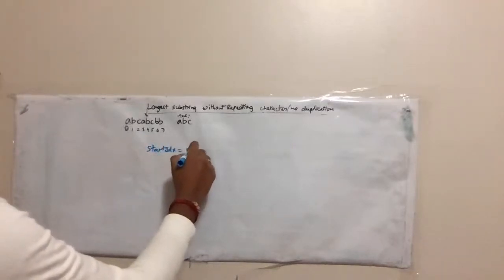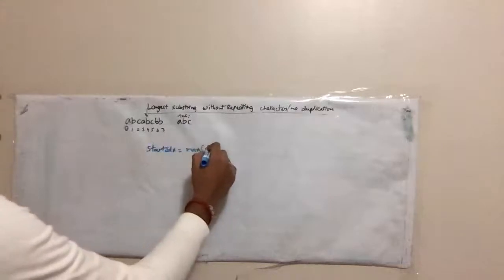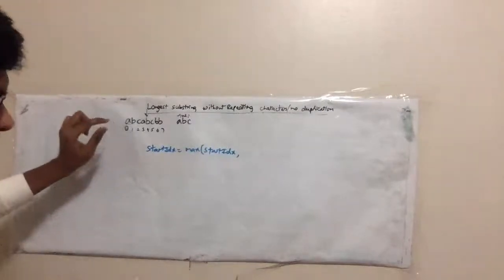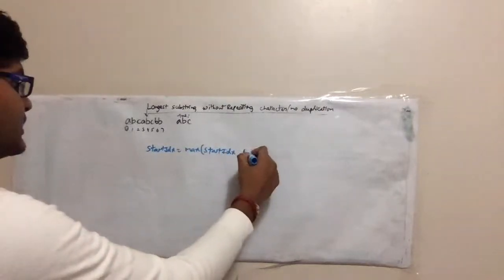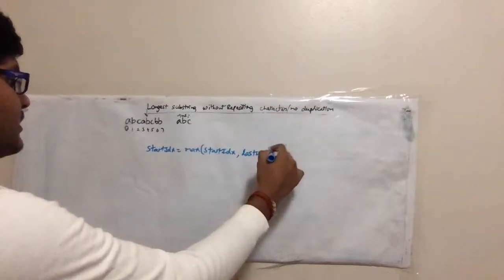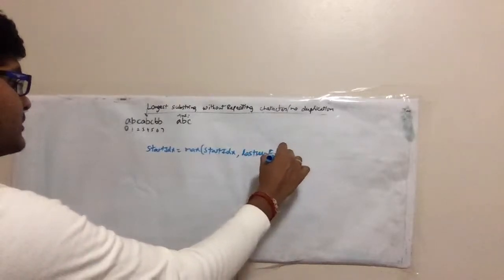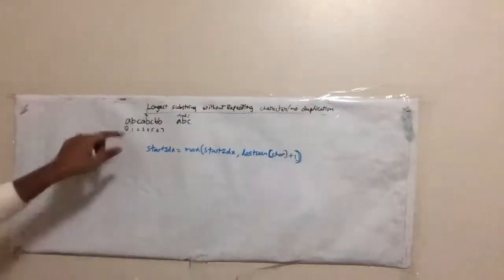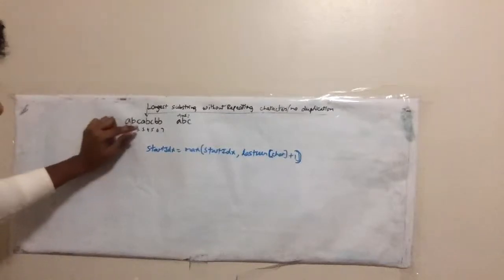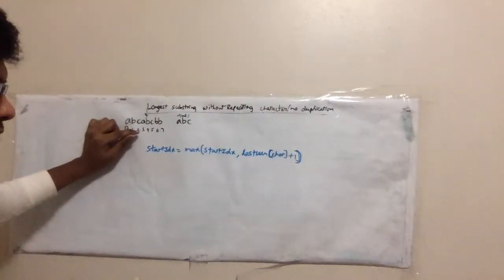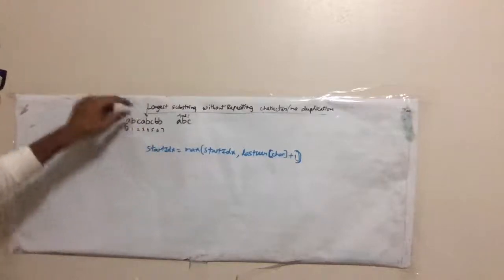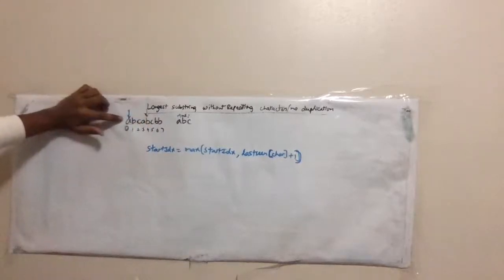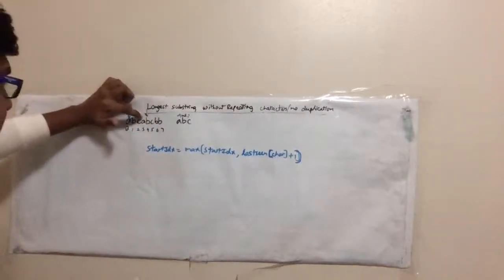Start index is equal to the maximum of the already existing start index, or the last seen index for a char, plus one. What this means is, if you encounter a new character again, in that case this will be executed, and the start index which was initially pointed to 0 will be updated here.